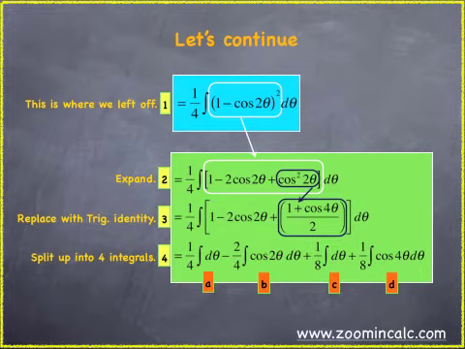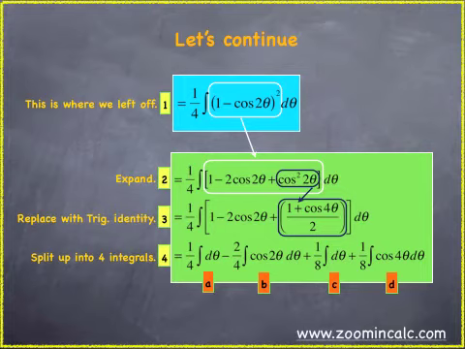Our last term, which in item 3 is 1 plus cosine of 4 theta over 2, well, that can be split up into 2 terms because remember, 2 is a common denominator to both terms in the numerator. So we really have 1/2 plus cosine of 4 theta over 2. So the 1/2, we're going to integrate that.